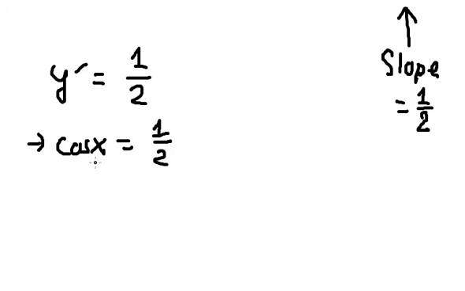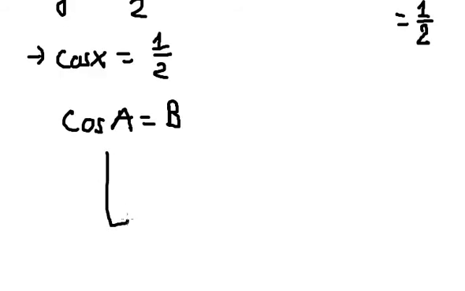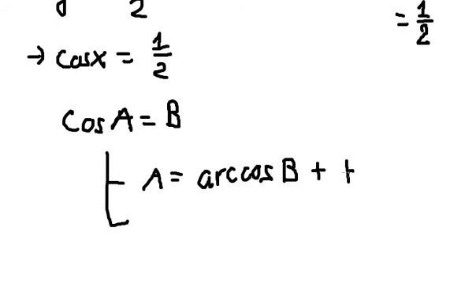Now we have the formula for this one. So we have cosine A equals B. You will have A equals arc cosine of B plus 2kπ, and k should belong to the integers.